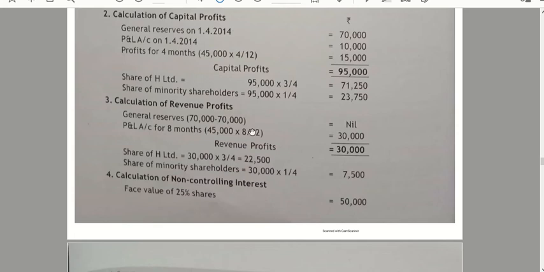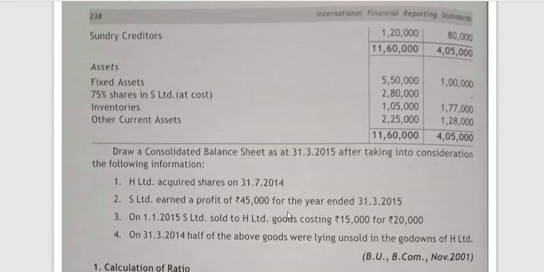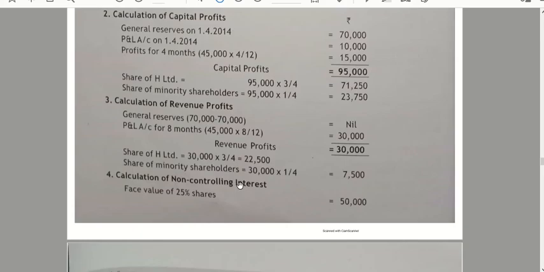So we need to calculate for 4 months, April, May, June and July, because till July we consider it to be capital profits, as the acquiring of shares is done in July. So 45,000 into 4 by 12, which is 15,000. So your capital profits total is 95,000. The share of H Limited is 95,000 into 3 by 4, which is 71,250.